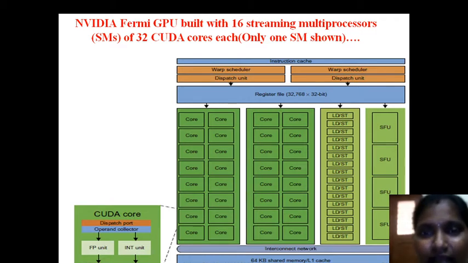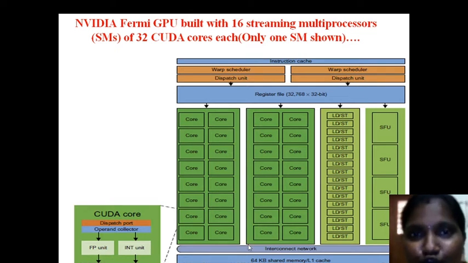I have given this diagram in the last class. Hope you remember that. This is called a streaming multiprocessor. It is the architecture for only one streaming multiprocessor, which contains 32 cores and specializes mainly in floating point operations.